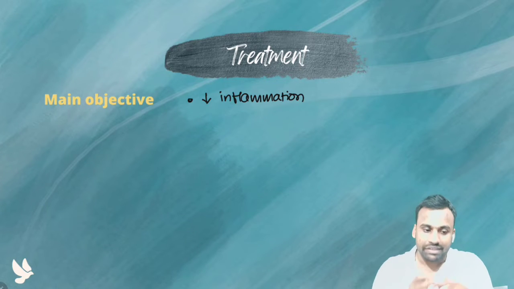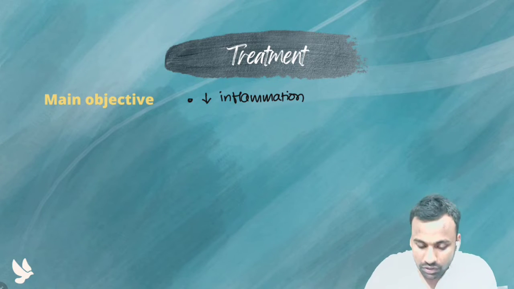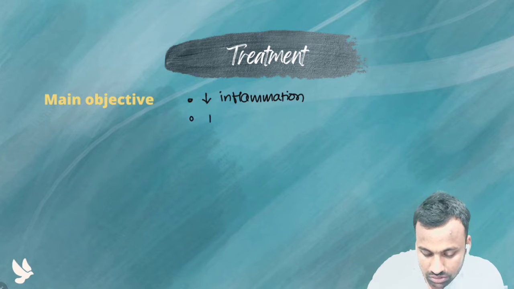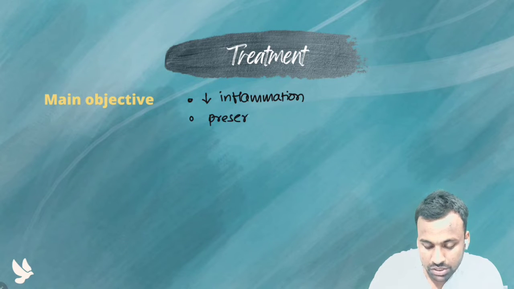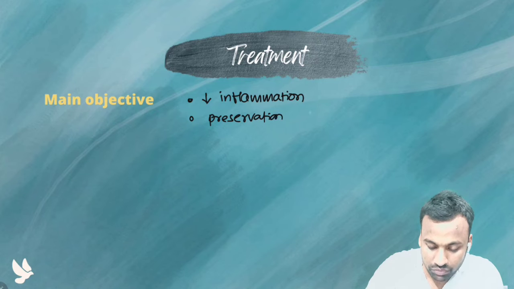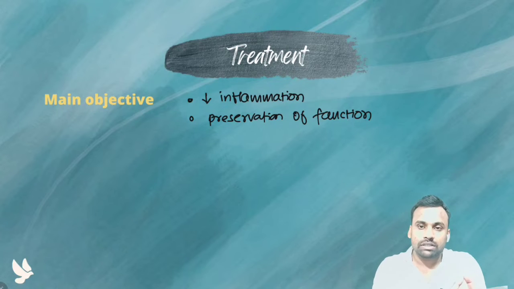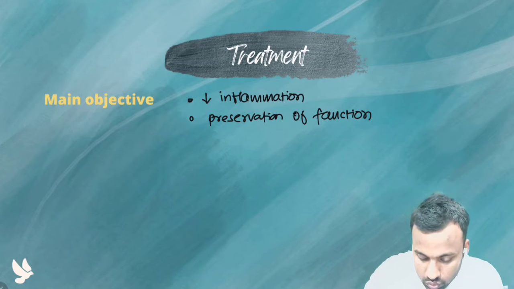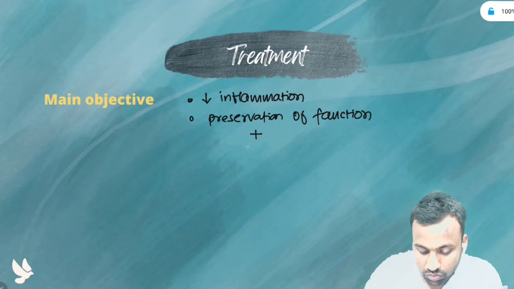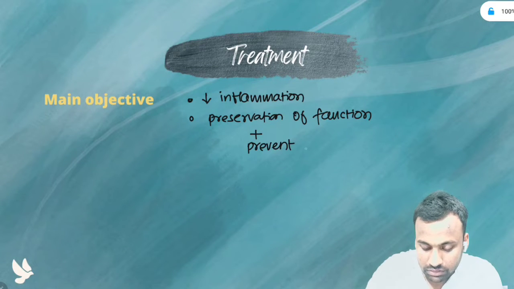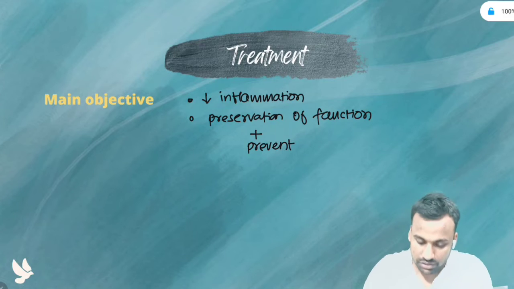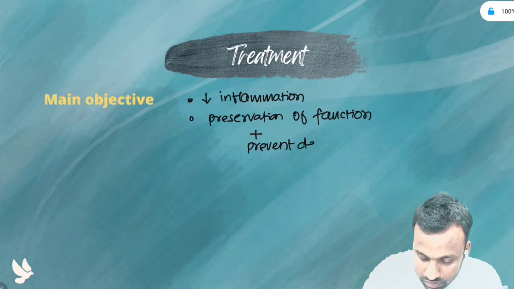First priority is to decrease the inflammation, and also preservation of the function of the joint, along with prevention of degeneration. Also we want to prevent degeneration of the joints.